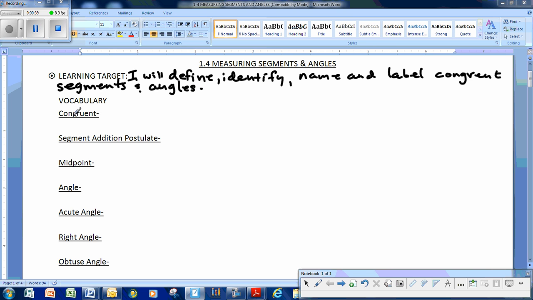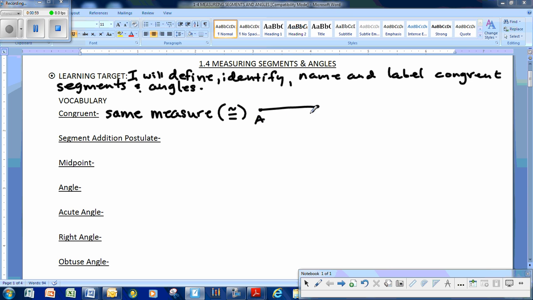All right, some basic vocabulary we need to talk about. First is congruent. Congruent means same measure. The symbol for congruent is like an equal sign with a little squiggly on top of it. Quick example here.